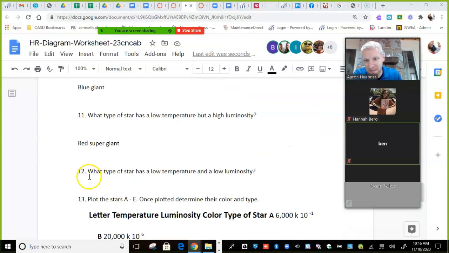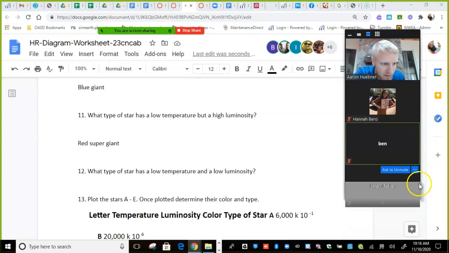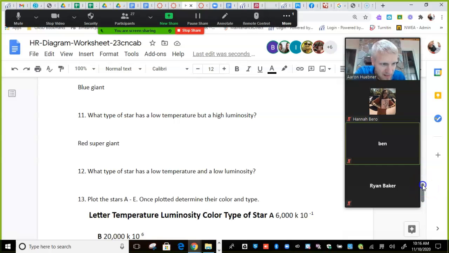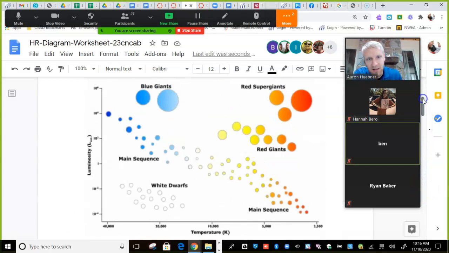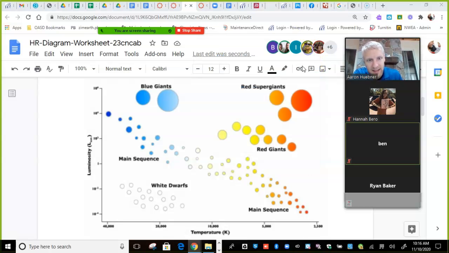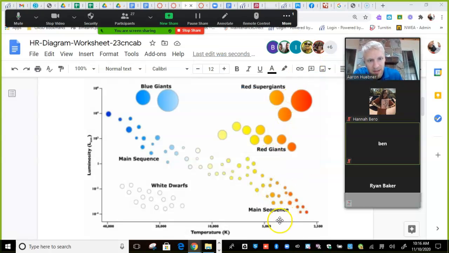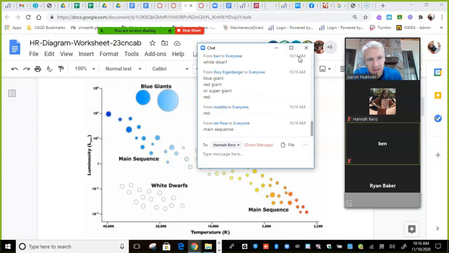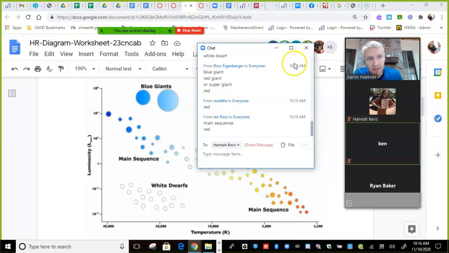Or supergiant, that's right. What type of star has a low temperature and low luminosity? Low temperature, low luminosity. Red. Low temperature, low... Yeah, red giants. And main sequence also, yeah.